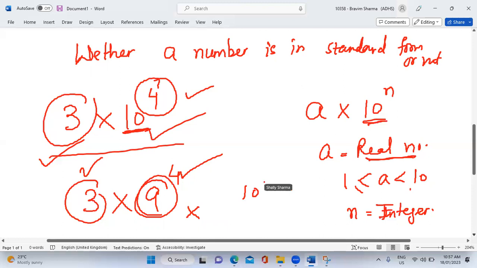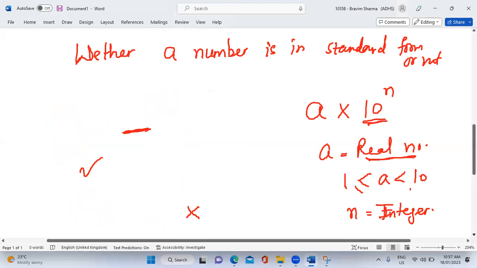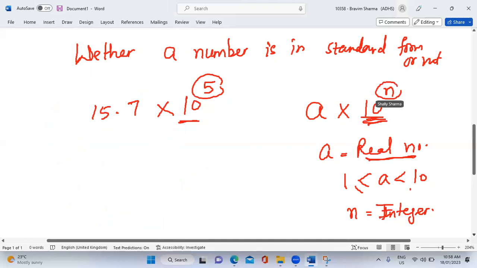Okay, let's take another example now. 15.7 times 10 to the power of 5. So this is 10, fine, and the exponent is an integer, fine. a is given as 15.7. Is 15.7 greater than 1? Yes. But is it less than 10? No. So this is not in standard form.